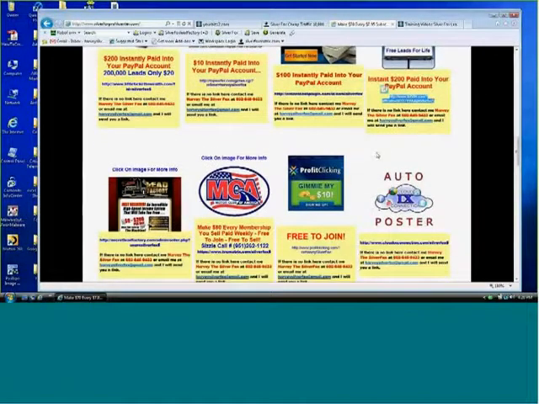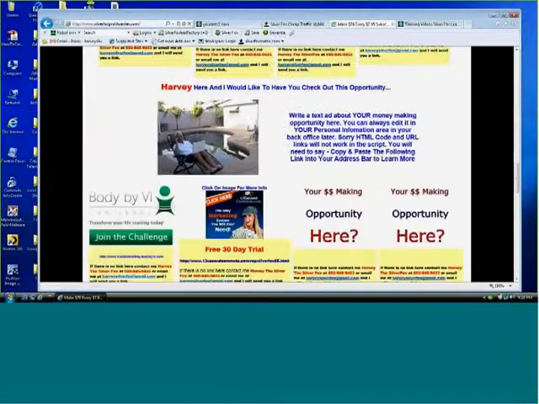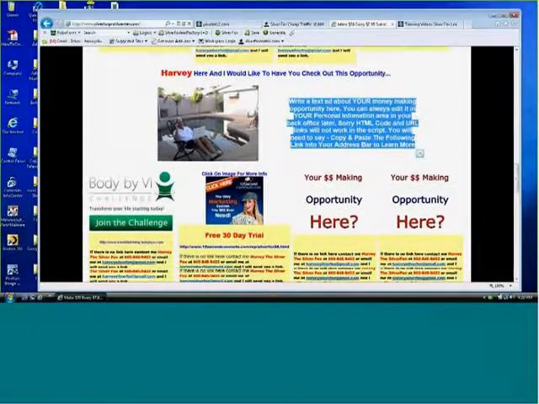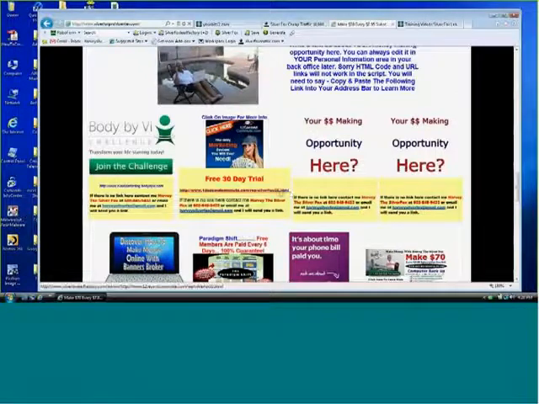But we have other money-making opportunities back here, MCA and profit clicking in the auto poster. Of course, this is an area where you can put your own text ads, et cetera, and here we got some more. But if you don't buy your sponsor out, your sponsor's links stay on there, and when you build your organization, you're going to be building this for your sponsor.